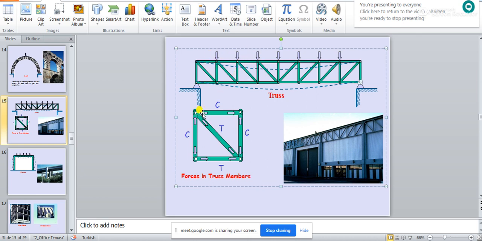The members of any truss will always be subjected to tension and compression. There will not be any bending coming in a truss member. You must remember this. It's a very important assumption for a truss. There cannot be any bending coming in a truss member.